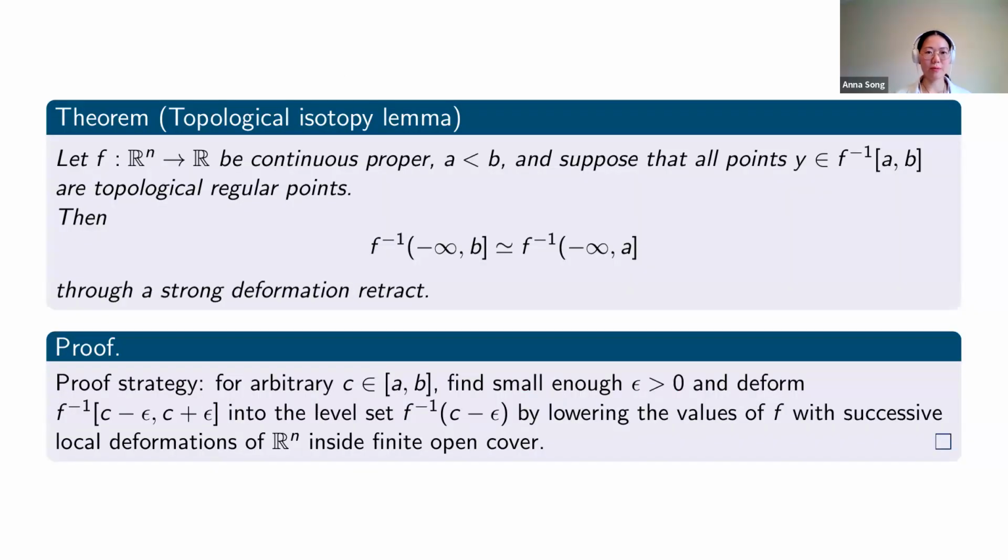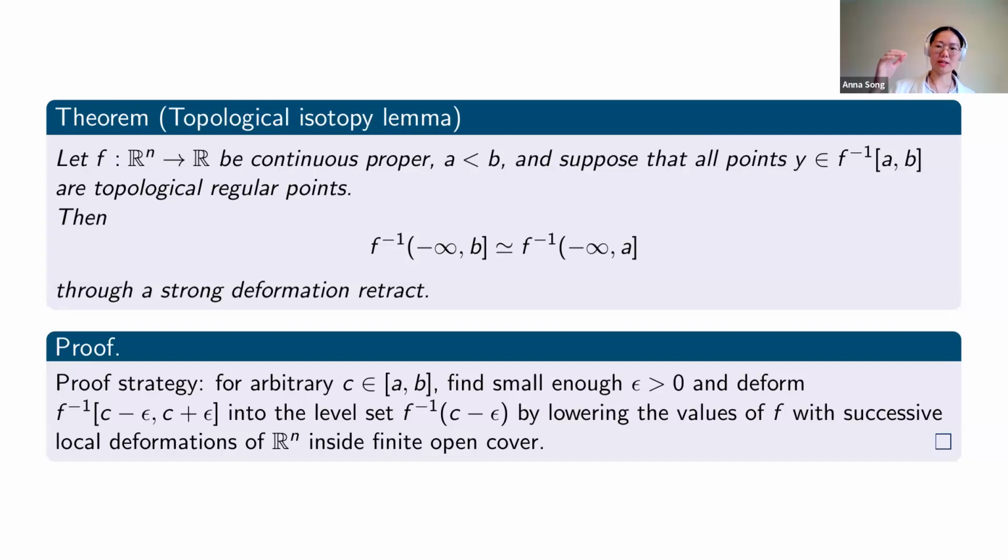So there's a topological counterpart to the isotopy lemma. We showed it by saying that you take arbitrary values between two values A and B. So you take an arbitrary C, and you can always find a small enough epsilon so that the interlevel set stuck between C minus epsilon and C plus epsilon can be covered by a finite number of open subsets.